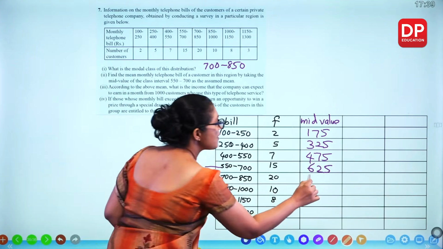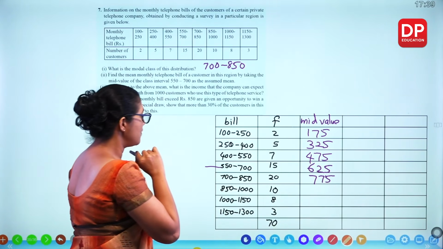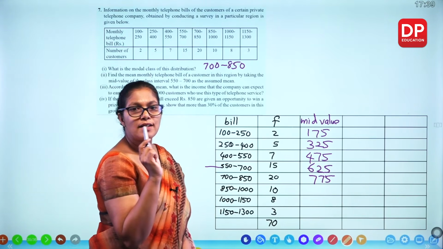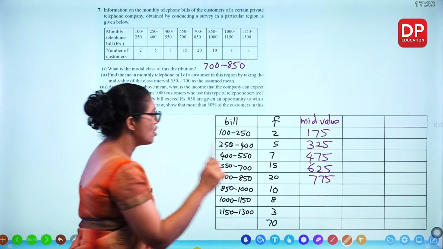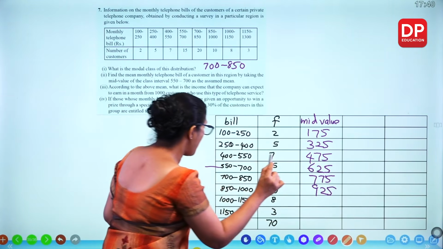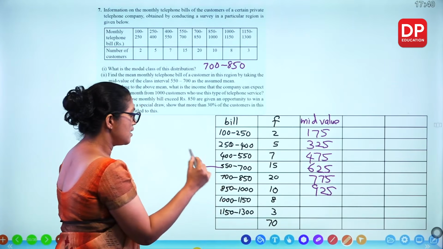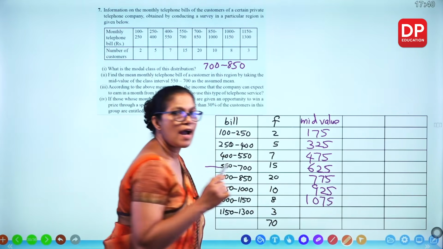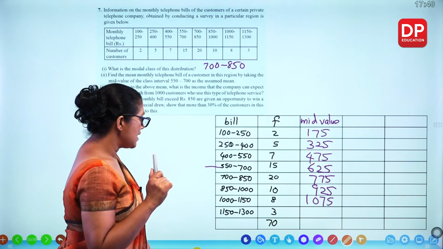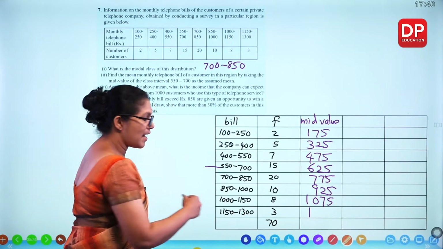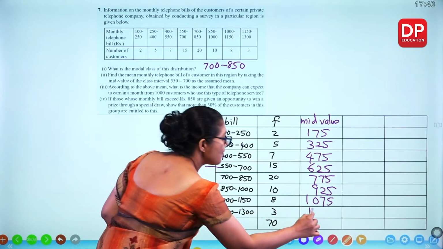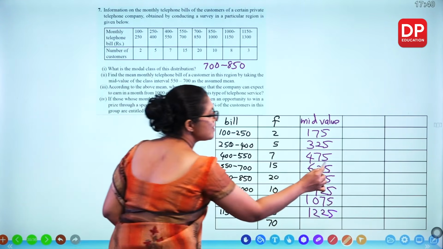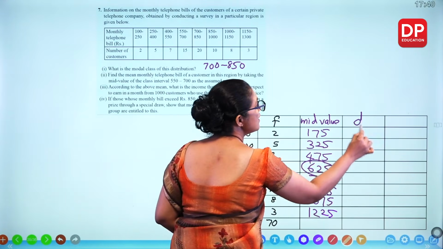What's the number? 775. This one, add and divide by 2, 925. This one, 1075 is the mid value, and the other one, add and divide by 2, 1225.